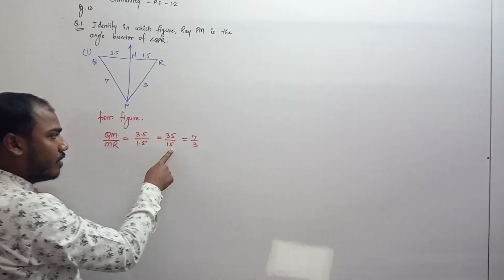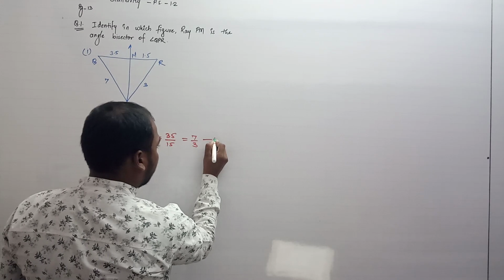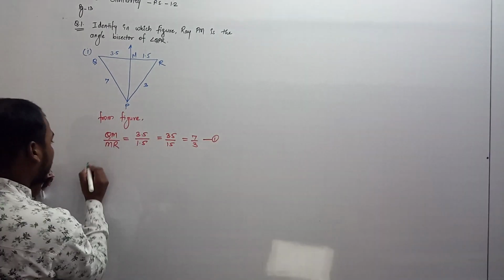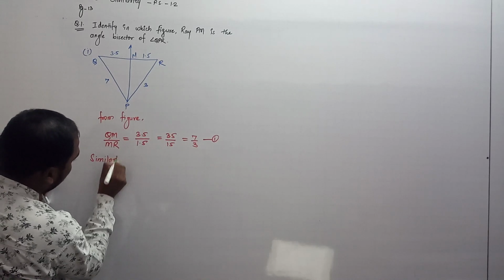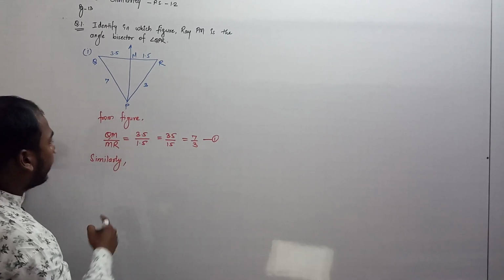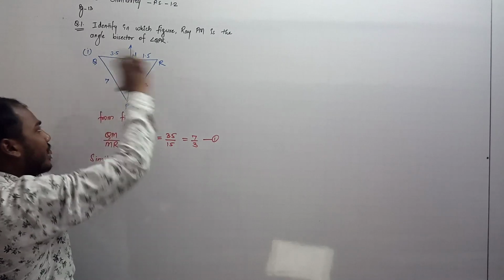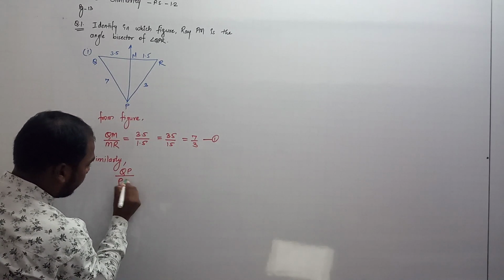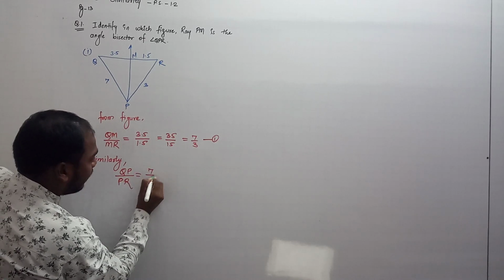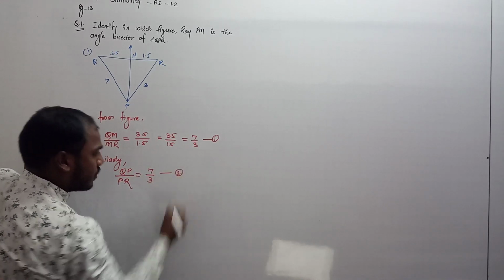This is equation 1. Similarly, if we go further, we can take the second ratio, QP divided by PR, and this can be written as 7 divided by 3. This is equation 2.